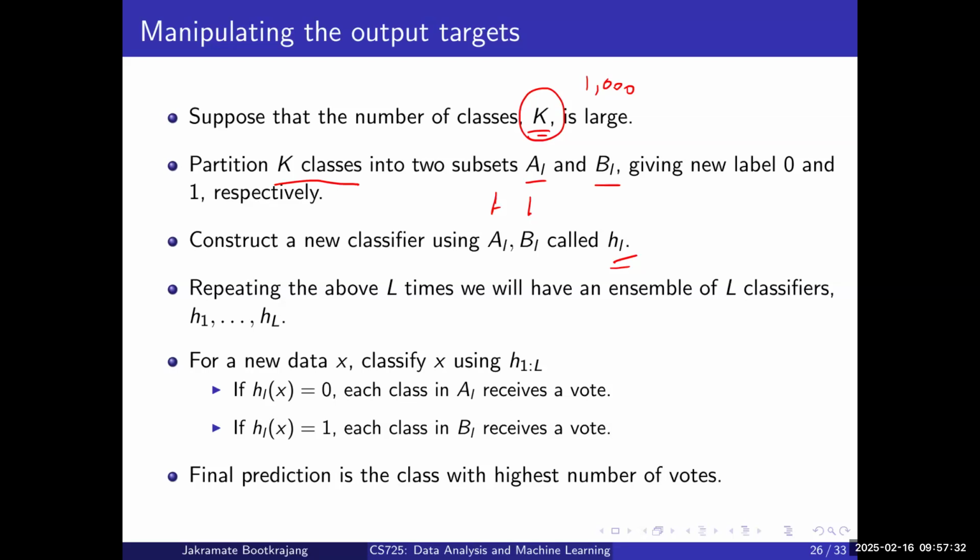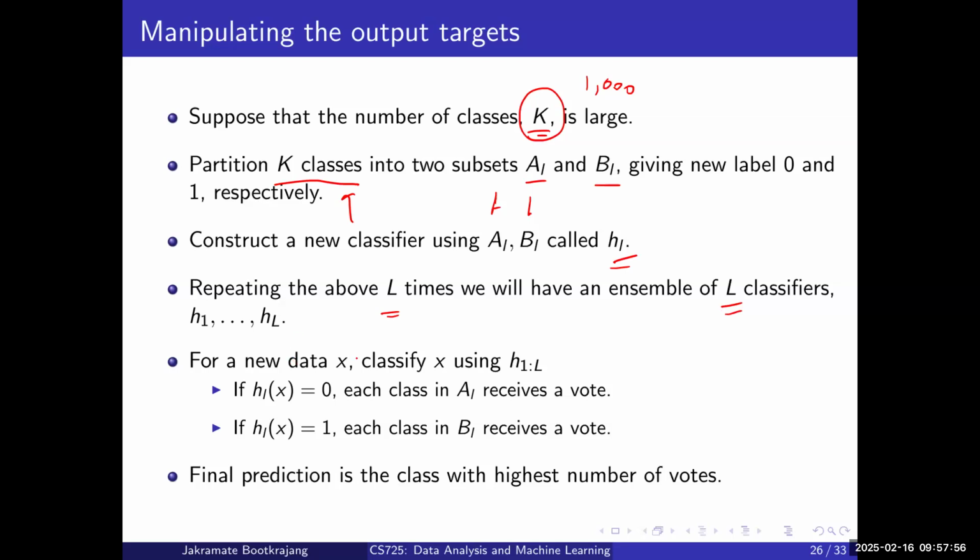And then we repeat the same process, right? We partition the two subsets with a different combination. And then we can do it multiple times. You get multiple classifiers.